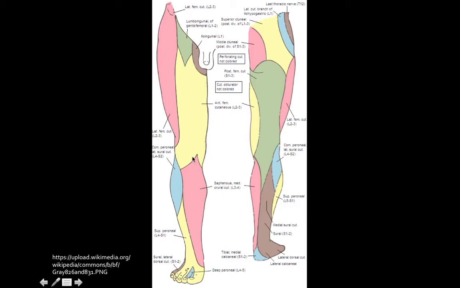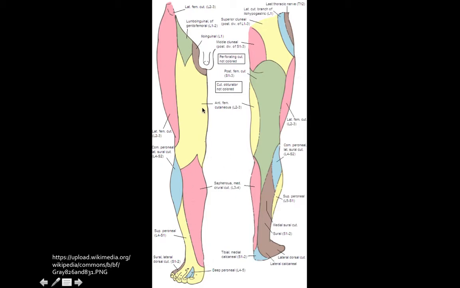So if you have sensation loss in this particular pattern of, let's say, the saphenous medial crural nerve, then more than likely it is due to it being cut along its pathway rather than a spinal cord injury. So the display of how sensation is lost will be based upon the pattern.